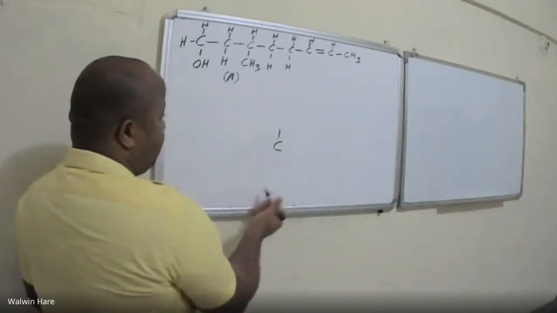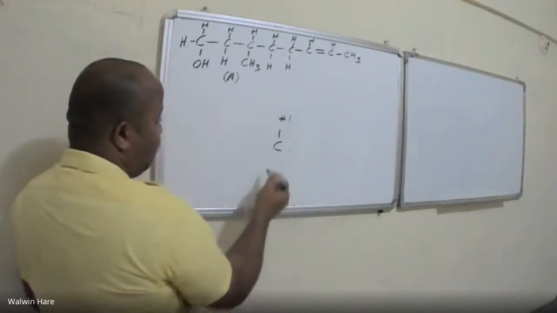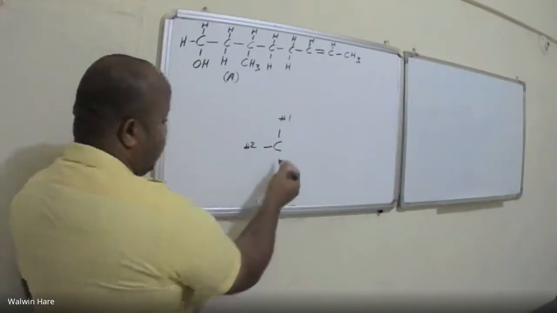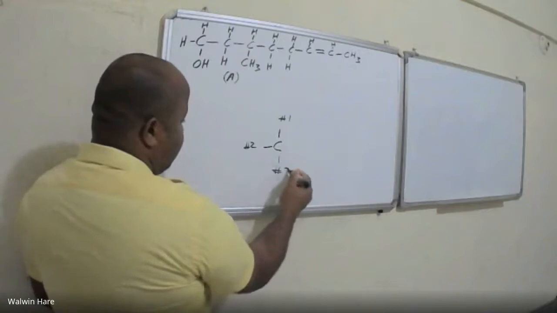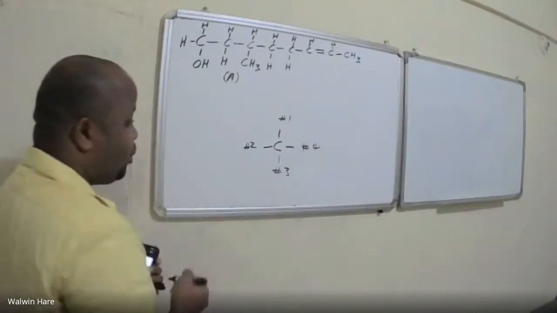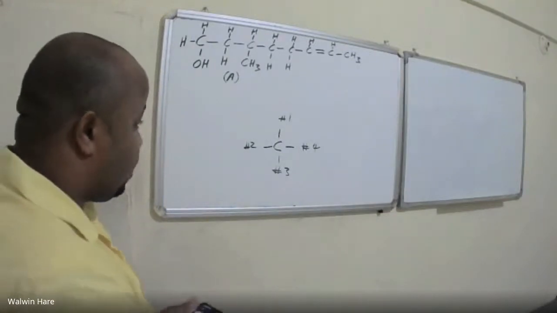Whatever is attached at the top, that's one group. Whatever is to the left, that's the next group, whatever is to the right, below, that's the next group. Not just the atom directly attached to it.